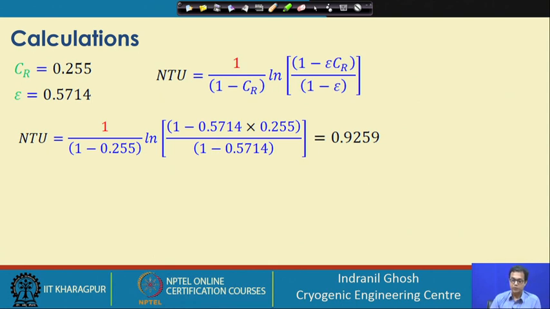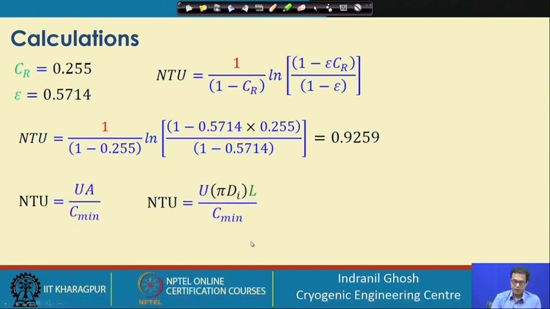UA we can also write as U into pi di into L, that is the area through which heat transfer is taking place. What are the parameters we know?